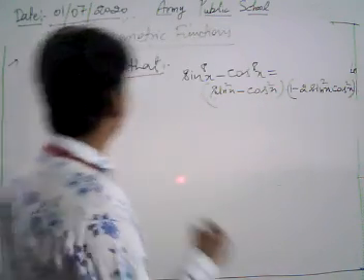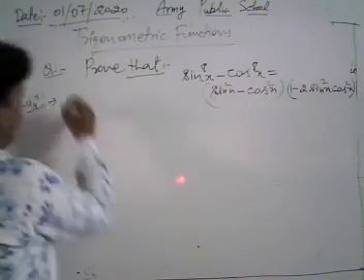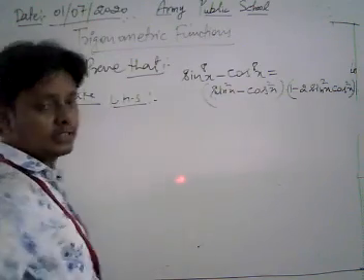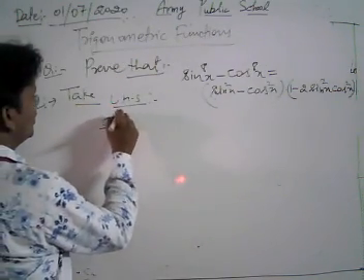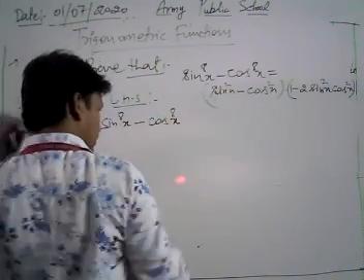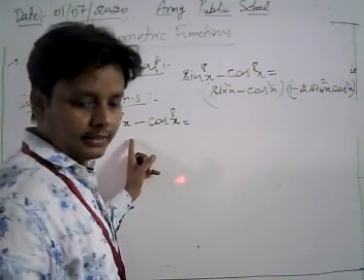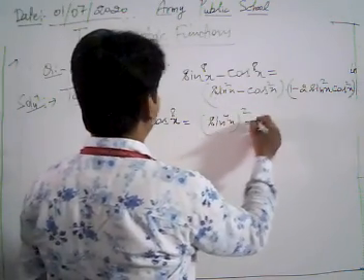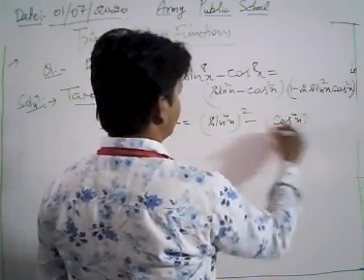Okay, let's solve it. Take LHS, that is the left hand side of this question, which is sin to the power 8x minus cos to the power 8x. Here we write it in this way: sin power 4x whole square minus cos to the power 4x whole square.